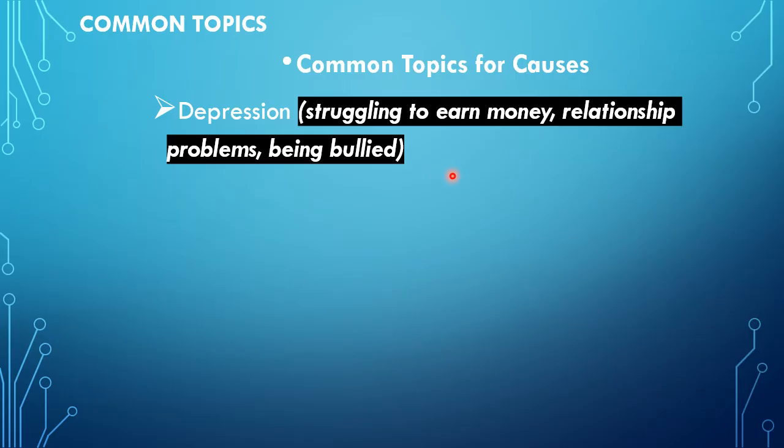Some people are depressed because they have relationship problems, or because they are being bullied by other people at school, right? So the topic depression is one of the most common topics that can give us causes to write about. The possible causes of depression could be struggling to earn money, relationship problems, or even being bullied by other people.